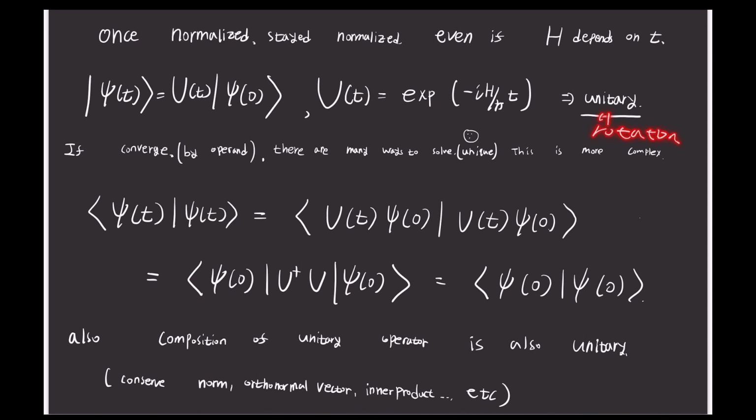Anyway, there are many ways to solve the Schrodinger equation because the solution is unique. This is the most important point. It doesn't matter how to solve. The important thing is that the Schrodinger equation solution is unique. In Griffiths' textbook, they use separation of variables to solve the equation.